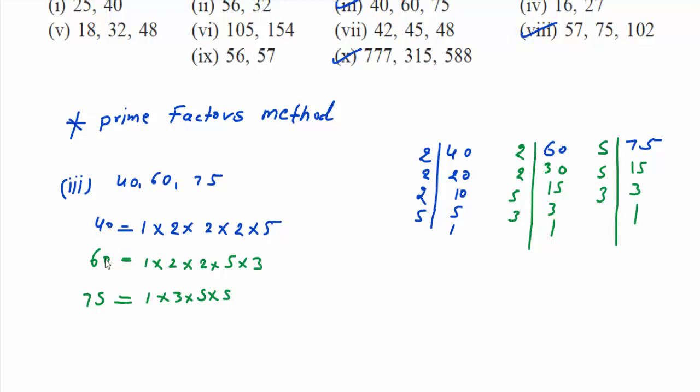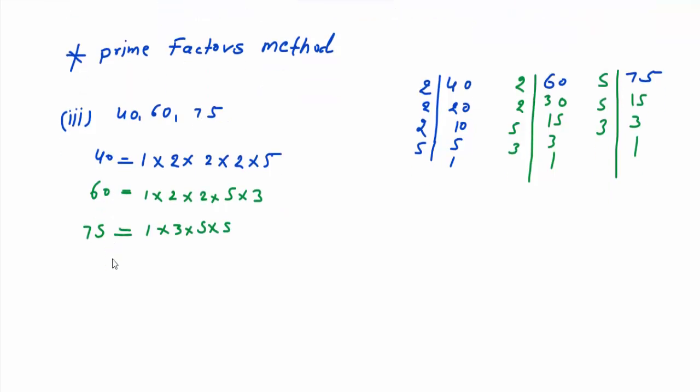So let us find out the HCF of these three numbers. So HCF of 40, 60 and 75 equals to, here we will find out the common factor 1, 1, 1, as we know that 1 is always common for all the numbers. Let us start with the smallest prime number 2.